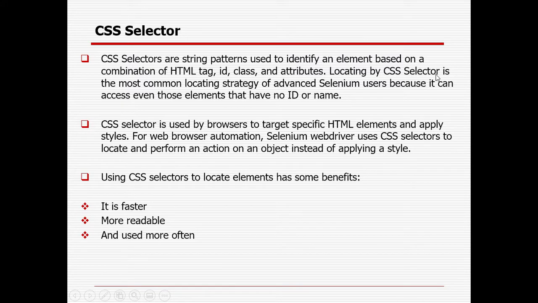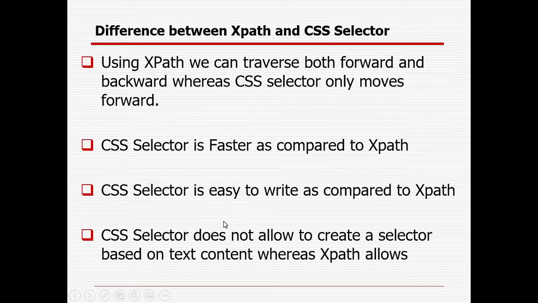Locating by CSS selector is the most common locating strategy of advanced Selenium users, because it can access even those elements that do not have name or ID or class name. CSS selector is used by the browser to target specific HTML elements and apply style. So these are the basic benefits: it is faster, more readable, and it is used very often.